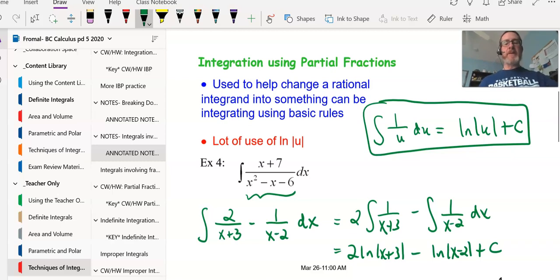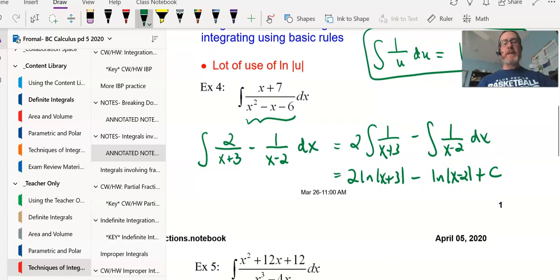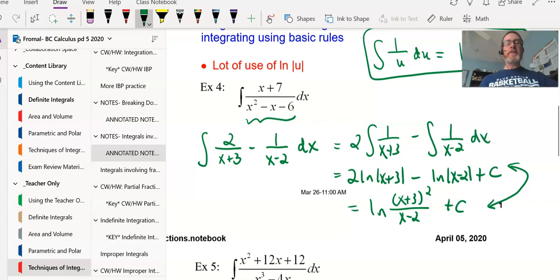Now this is a perfectly acceptable form of the answer, but you may see people write it using the laws of logarithms and say x plus 3 squared over x minus 2 plus c. Either form is correct. A lot of times you'll see the condensed form if it was a multiple choice problem.